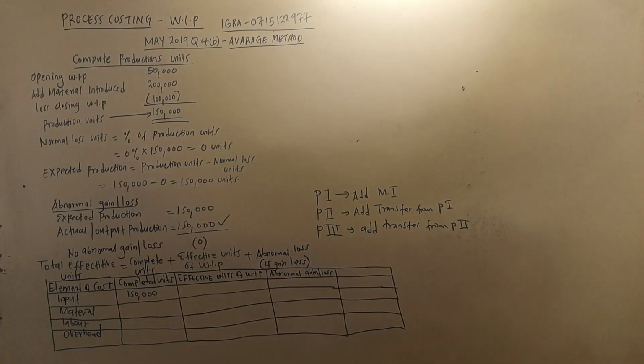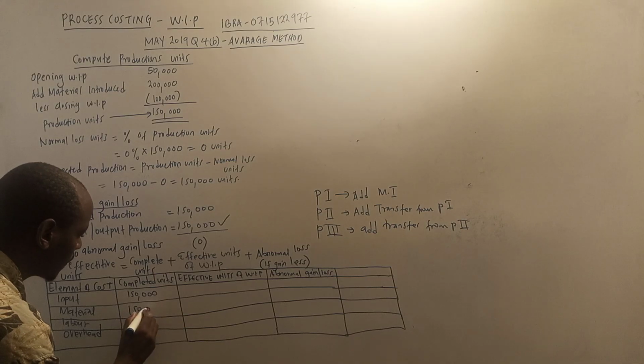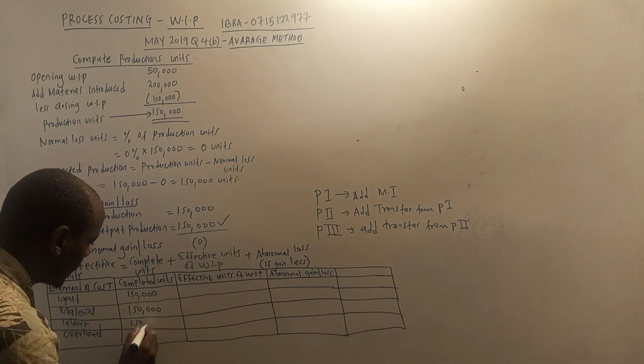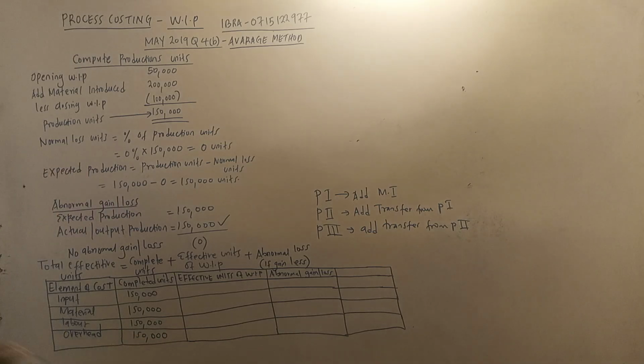Now, completed units are always the same. This 150,000 is always the same. So for completed units, you put the output, and it is the same from inputs to overheads.